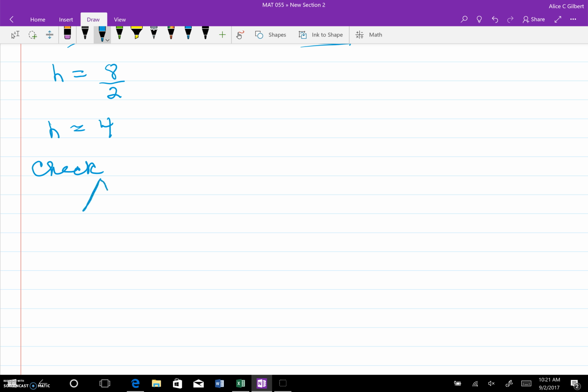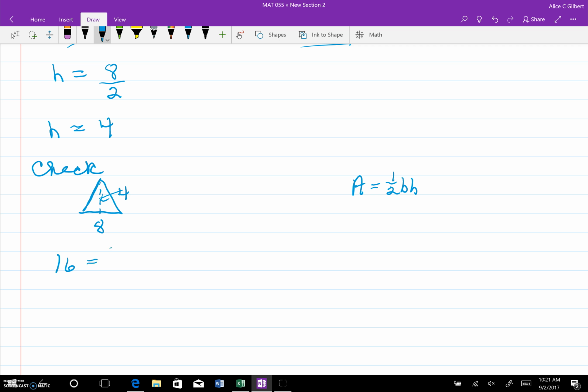So we've got our triangle. We know our base is 8 and our height is 4. This guy right here. And we know that area of a triangle equals 1/2 base times height. And we know our triangle area is 16 centimeters, I believe.